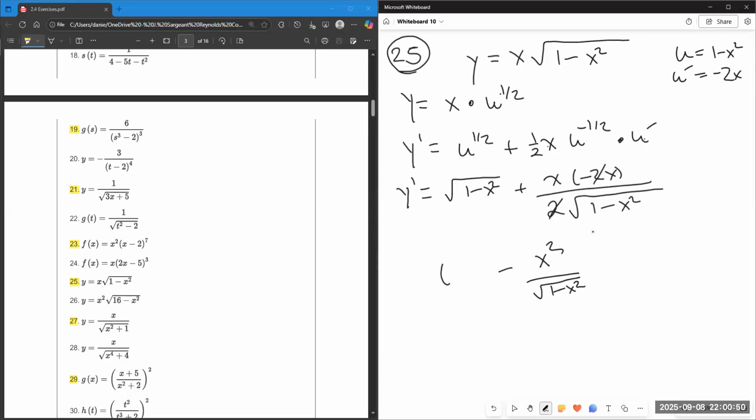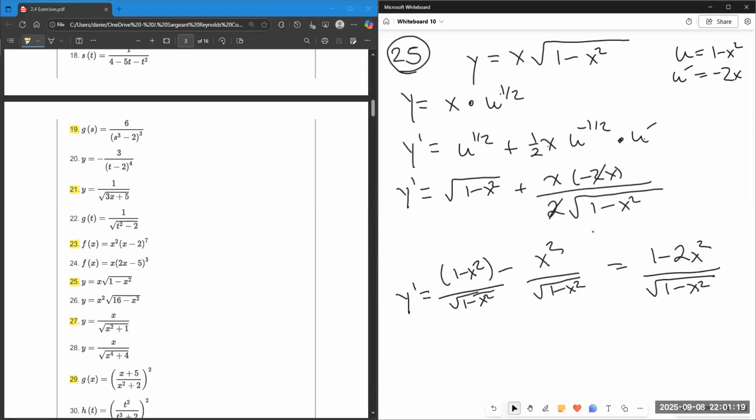Let's make a common denominator here, 1 minus x squared over root 1 minus x squared. Y prime is 1 minus 2x squared over root 1 minus x squared. And I'm not going to try to rationalize the denominator this time. There's really no point to that.